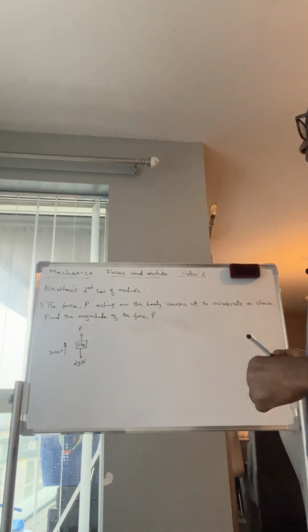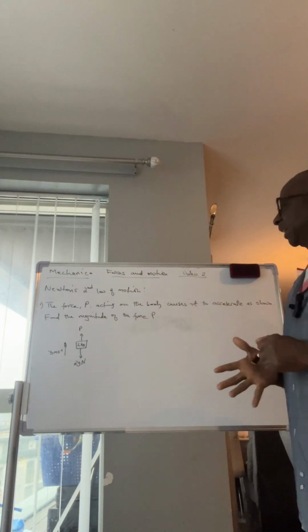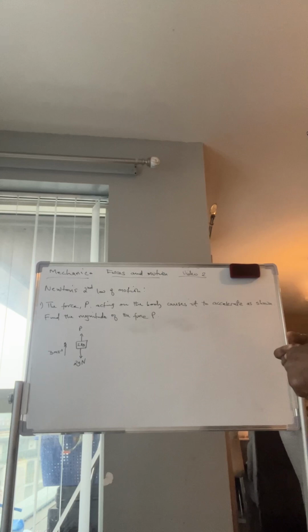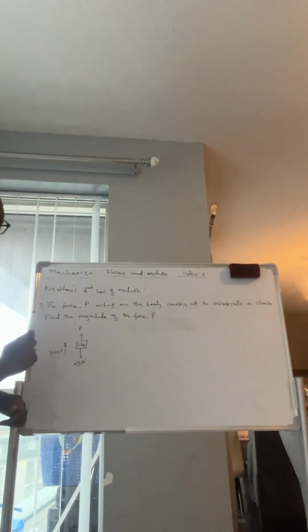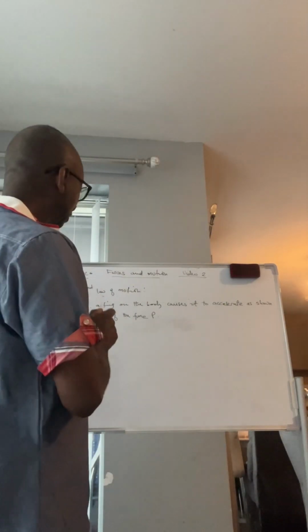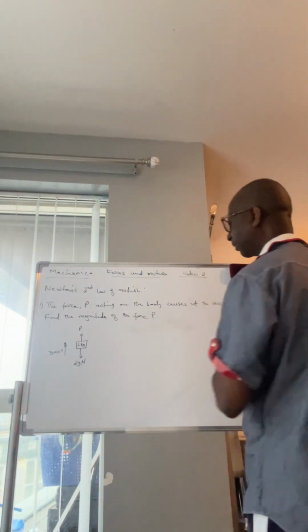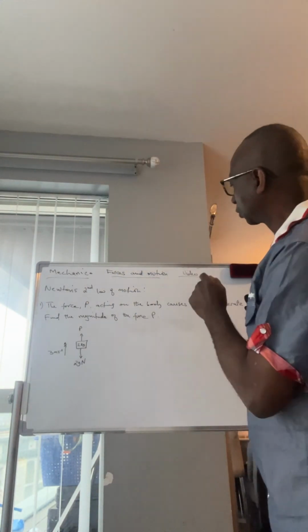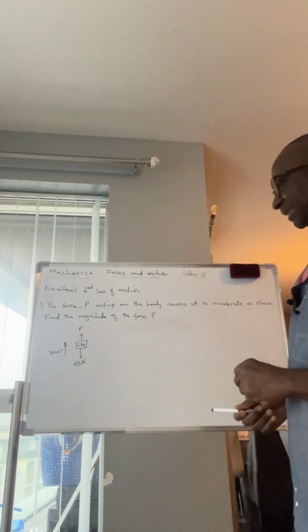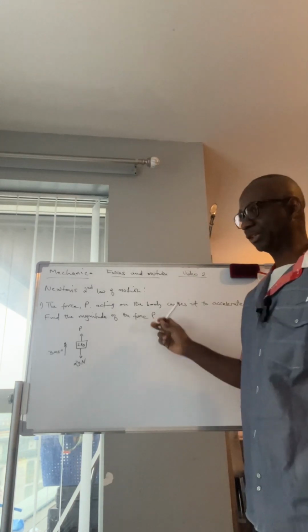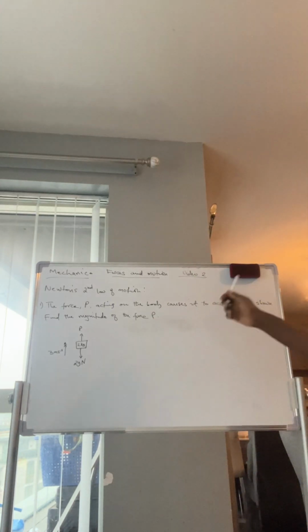So what does the second law say? Newton's second law states that the force needed to accelerate a particle is equal to the product of the mass and the acceleration produced.